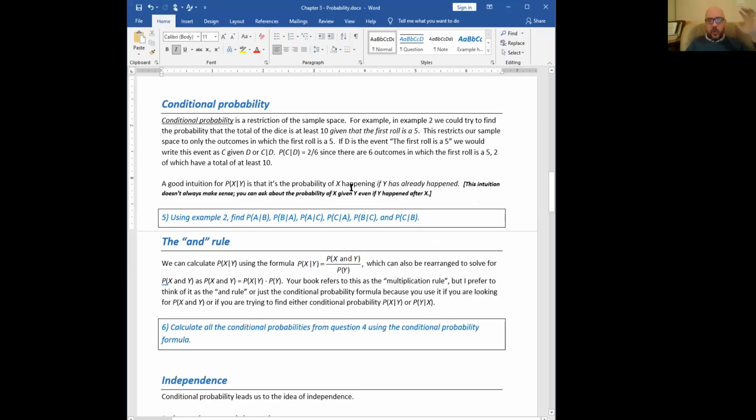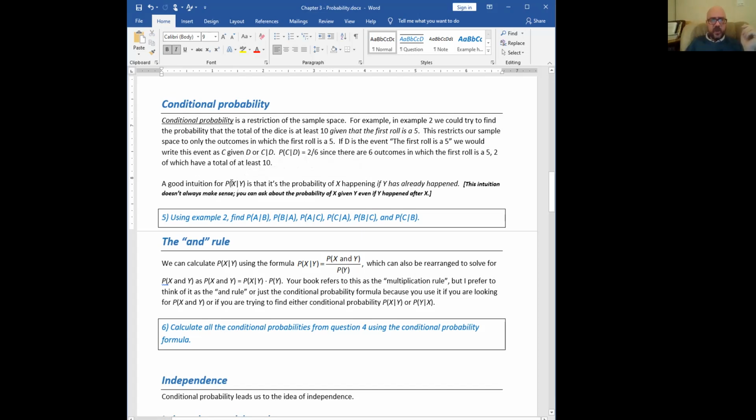A good intuition for the way to think of this is that the probability of X given Y is the probability of X happening if Y has already happened, or if we know that Y is true for sure. One thing to note in this notation, it kind of looks like the X and the Y have parallel importance, and they don't. They're totally different. Probability of X given Y is really the probability of X. The given Y part is just a restriction on the sample space.